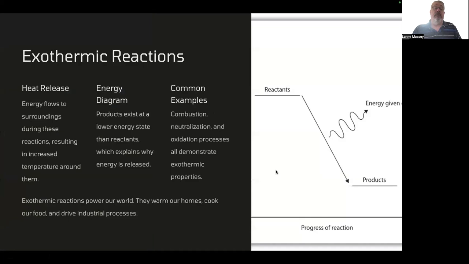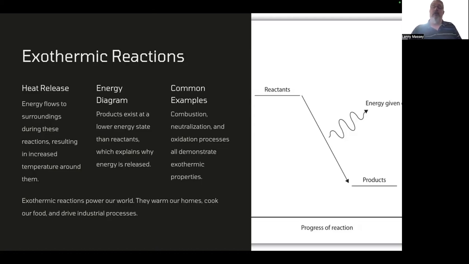Exothermic reactions do the exact opposite. Energy flows to the surroundings, which we see as things heating up. Exothermic reactions usually, well, not always, but can occur spontaneously. Endothermic reactions cannot. With endothermic reactions, you have to add energy to the system for the reaction to take place.